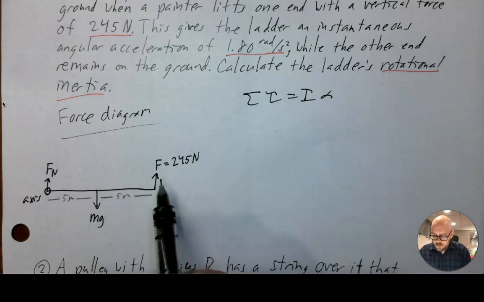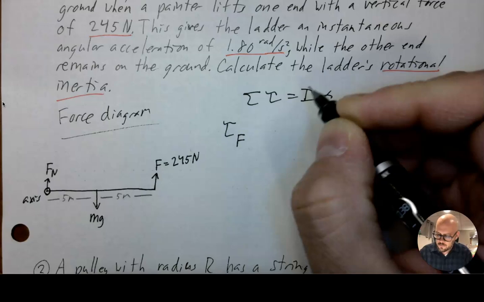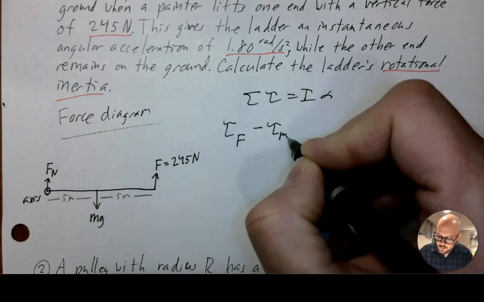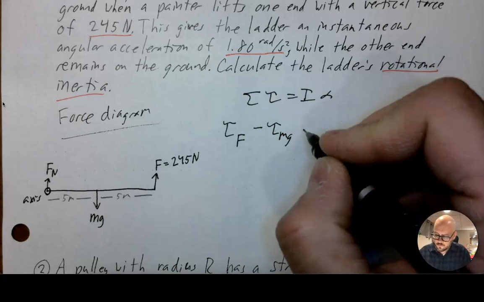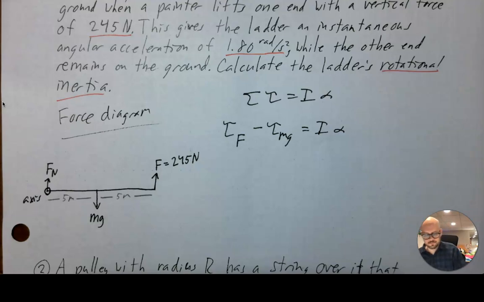The net torque, I'm going to assign the positive direction as counterclockwise, as you would usually do. And we'll say the torque due to that force F is positive, but the torque due to the weight of the ladder is negative. And that's going to equal I times alpha. And that's kind of it.